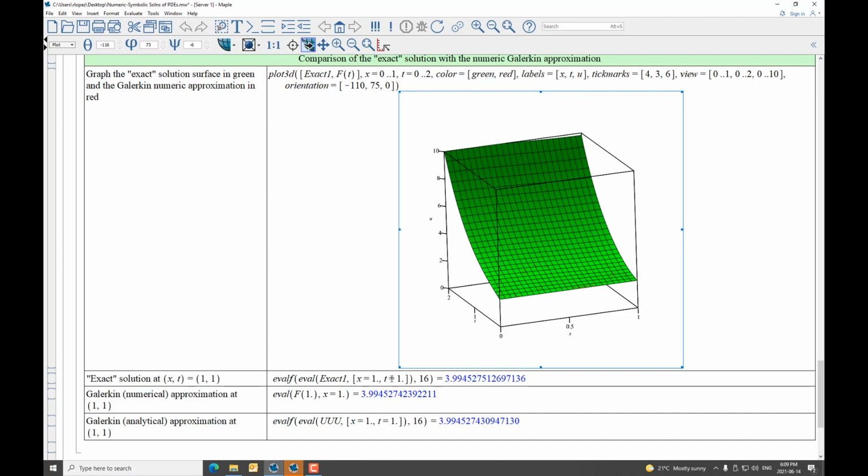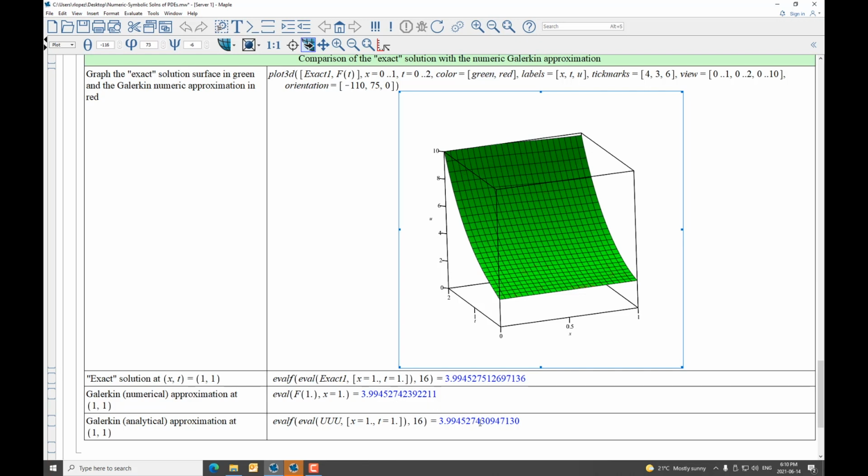Here's some attempt to be analytic about it. So this is the exact solution at x equals 1, so on an edge, in the middle of the t range over here, I get this number, .9945. If I use the Galerkin numeric, it's .9945275 here, 274 here, so it's pretty accurate. And if I look at the Galerkin solution that I used, for which I was able to solve the differential equations exactly, then you get .994527.